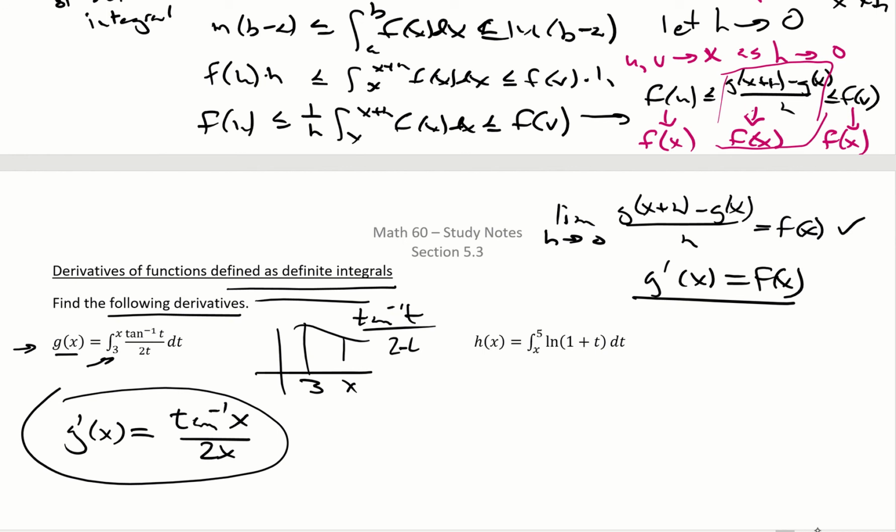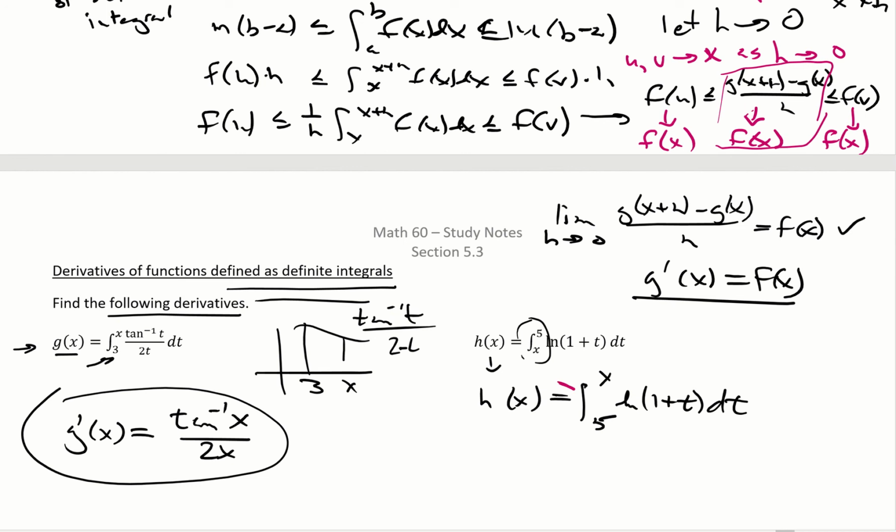Let's try another one. H prime of x, if h is defined this way, oh, this is weird. This is one I got from the book, I think. You see how the limits are switched? Switch them back: 5 to x, natural log of 1 plus t dt. But if I switch the limits, what have I got to remember to do?